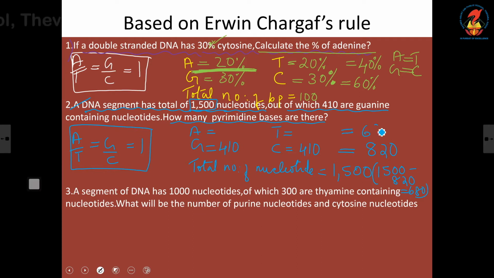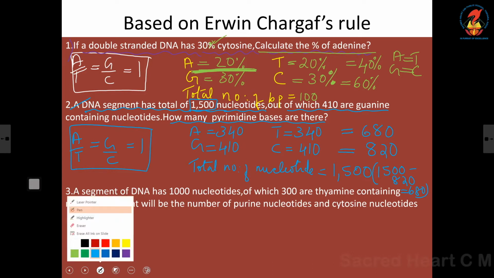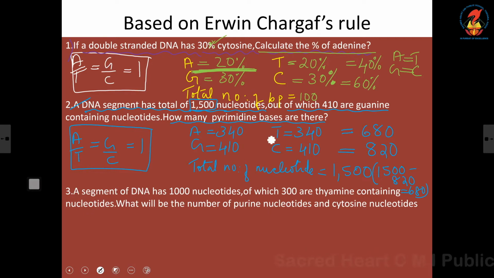So the 680 should be distributed among adenine and thymine, which means 340 adenine and 340 thymine. I hope you have understood the distribution, because the number of adenines and thymines are equal and the number of guanines and cytosines are equal.